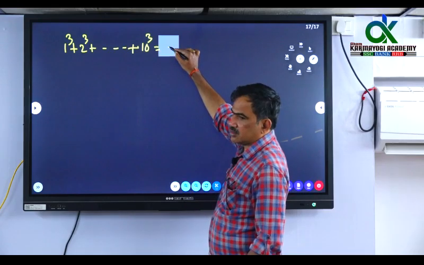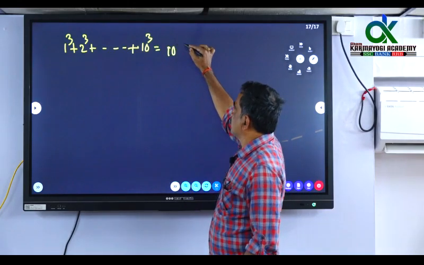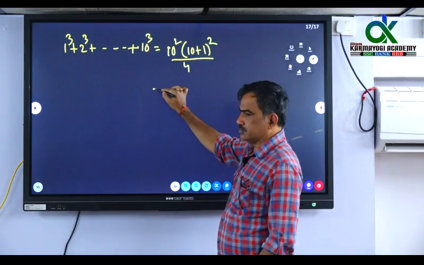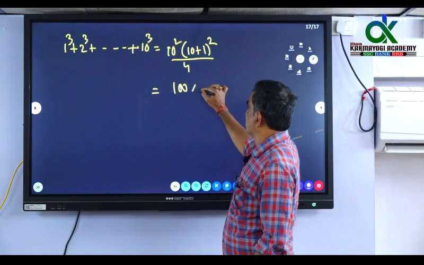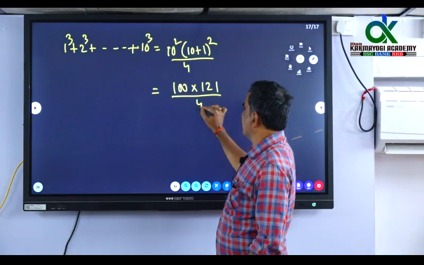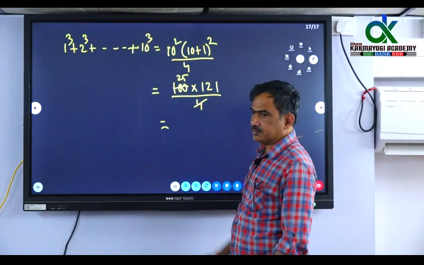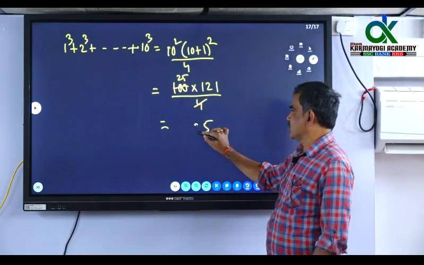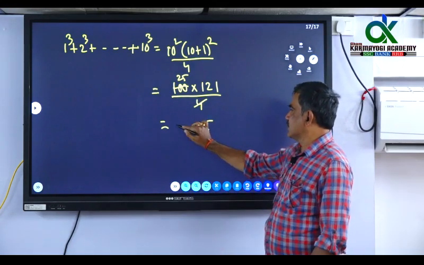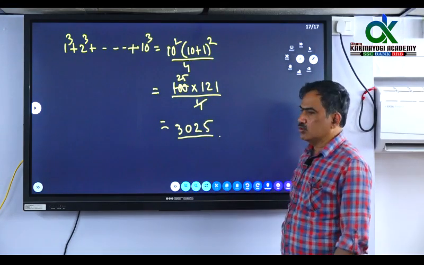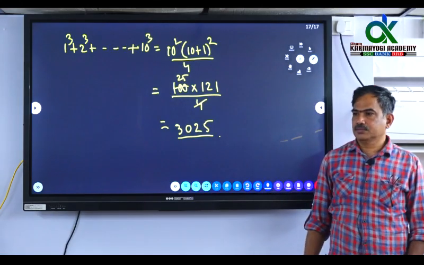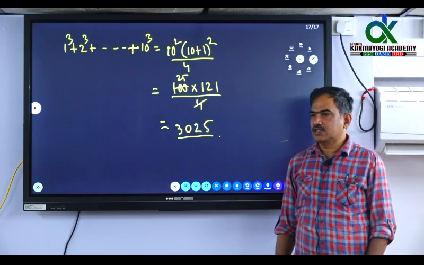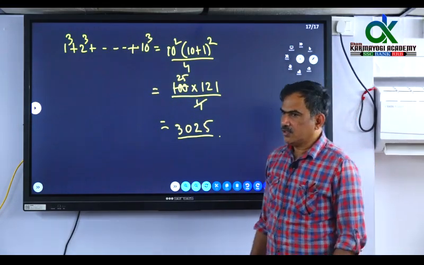This can be written as n square into n plus 1 whole square by 4. 10 square is 100 into 121 by 4. 4 ones are 4, 25's cancel. 25 into 121 is 3025. The sum of cubes of 10 natural numbers is n square into n plus 1 whole square by 4.